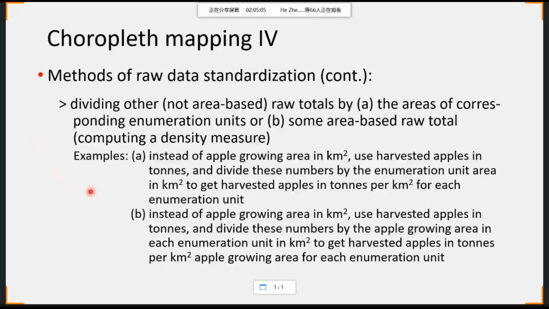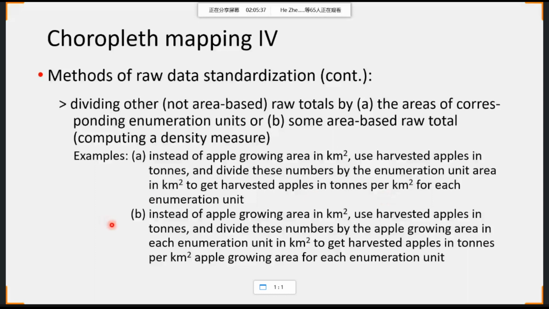An example for A: instead of apple growing area in square kilometers, you can use harvested apples in tons and divide these numbers by the enumeration unit area in square kilometers to get harvested apples in tons per square kilometer for each enumeration unit. And then you can compare these numbers. So you make numbers comparable so that such comparisons make sense. That's the idea of standardization.